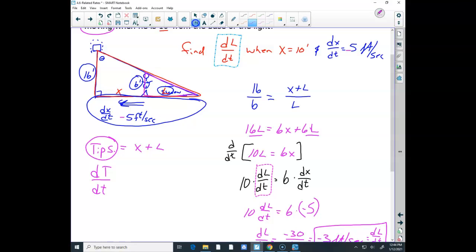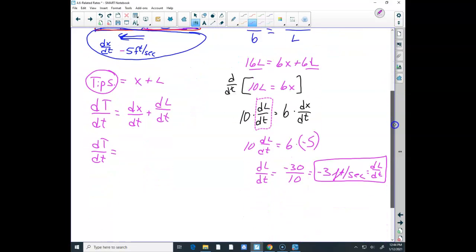The change in the tip of the shadow with respect to time is going to be dx/dt plus dL/dt.